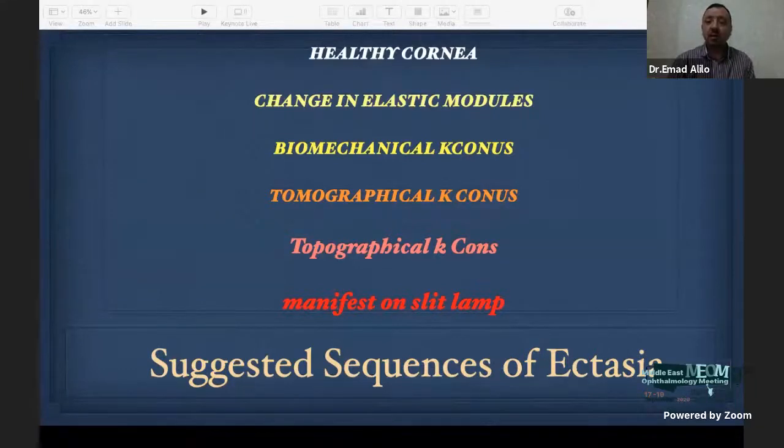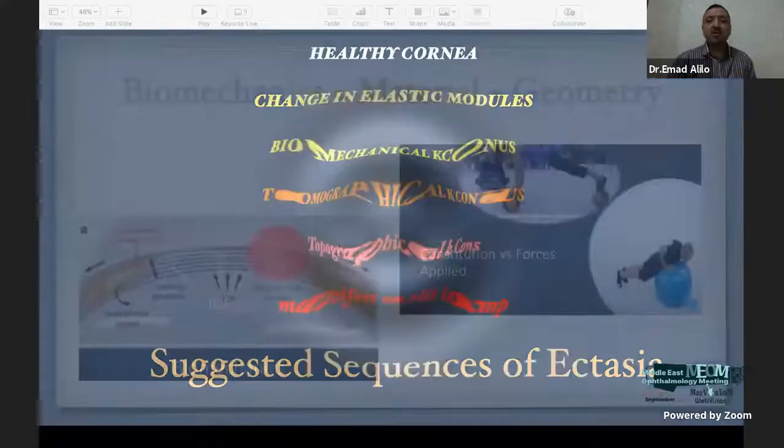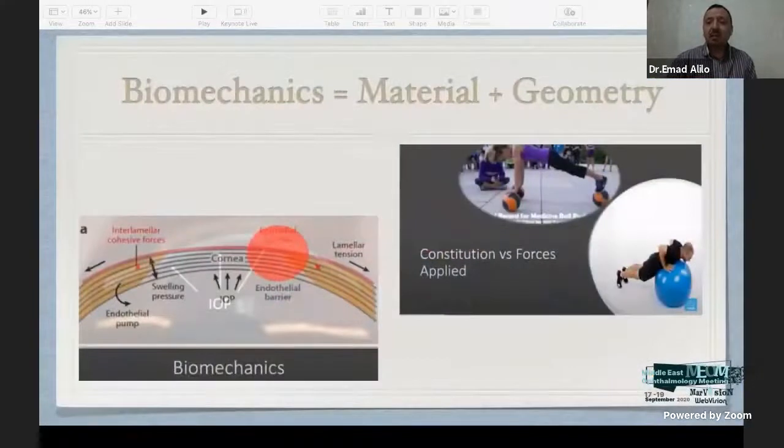Then the tomographic and topographic keratoconus, and finally the late stage when it is manifest on slit lamp. So biomechanics, by definition, depends on the material and the geometry. Both have to come together to give us this concept, and we need a tool to study these characteristics.